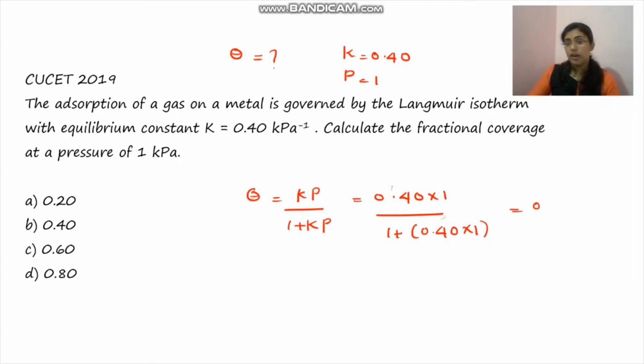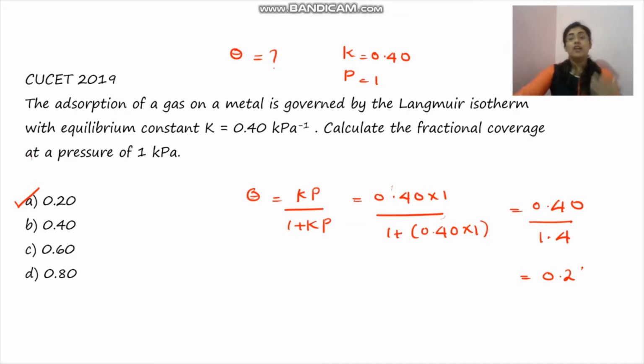This is 0.40 divided by 1.4, and the value would come out to be approximately 0.2. So the right answer for this question is option A, which is 0.2. That is the fractional coverage.